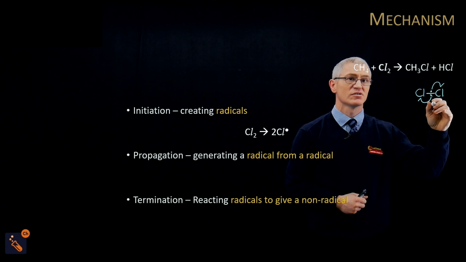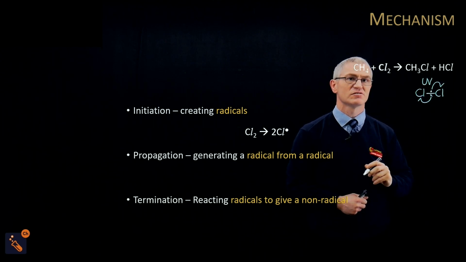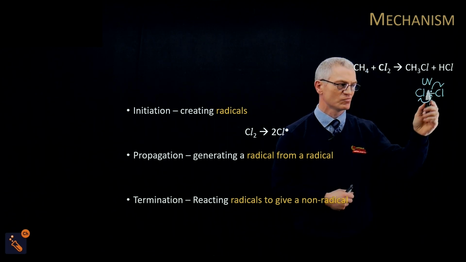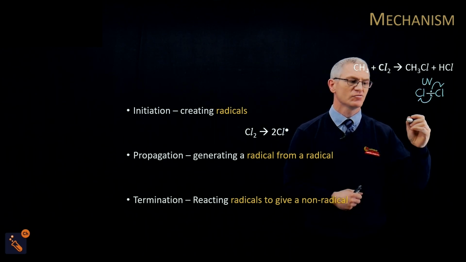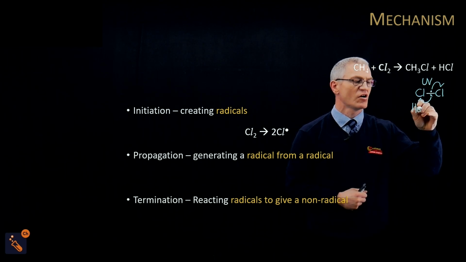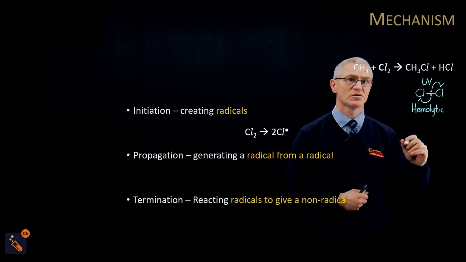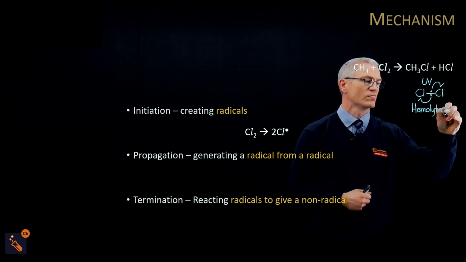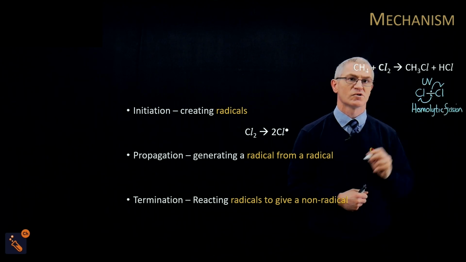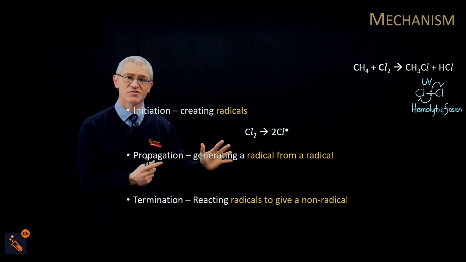Now, this happens due to the fact that this has UV, so it's UV light breaking this bond, okay? And as well as that, this is a type of fission which you'll need to say, which is homolytic fission, okay? So homolytic fission, really, really important.